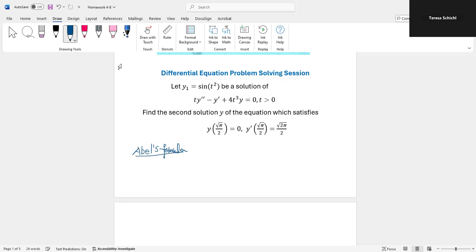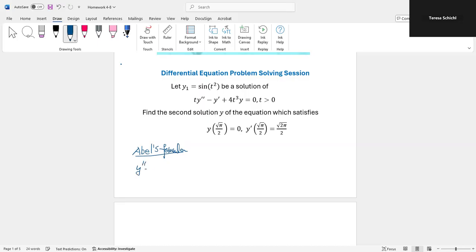Let me very briefly write down Abel's formula just in case you don't remember it.